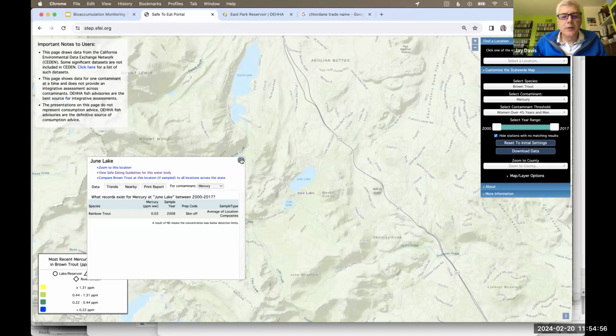If there is an elevated mercury signal in the brown trout, it would be interesting to see what the prey fish are doing there. Also, I should note that there's a statewide objective for mercury in prey fish, so that is data that can be used for water quality assessment as well.